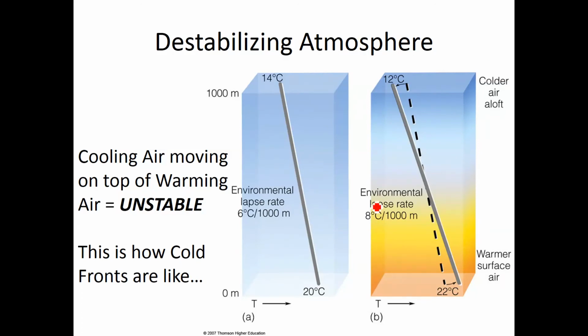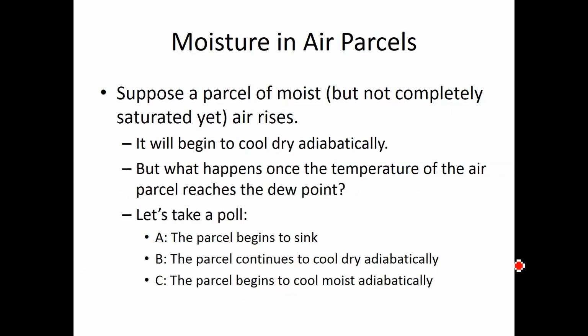In this case, you have cold air on top of warm air. And this is a very unstable atmosphere. Now, with all of this said, moisture ends up becoming a pretty important thing in the atmosphere.